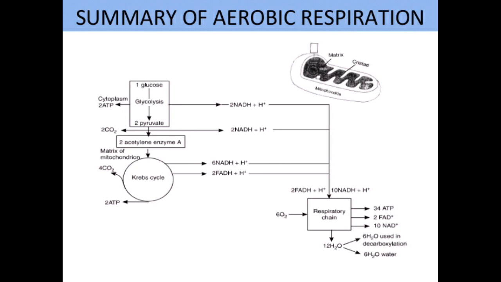During glycolysis, 2 NADH2 is produced, 6 NADH2 and 2 FADH2 in the Krebs cycle, and 2 NADH2 from formation of pyruvic acid to acetyl coenzyme A. This undergoes the electron transfer system, and 6 CO2 is released and forms 34 ATP.